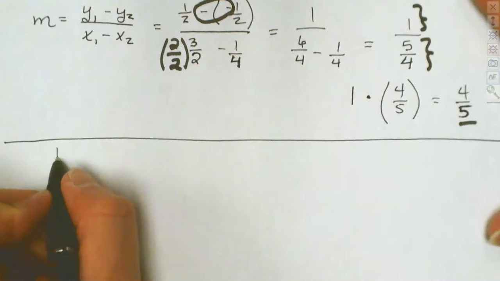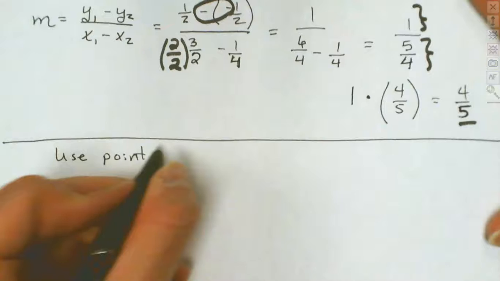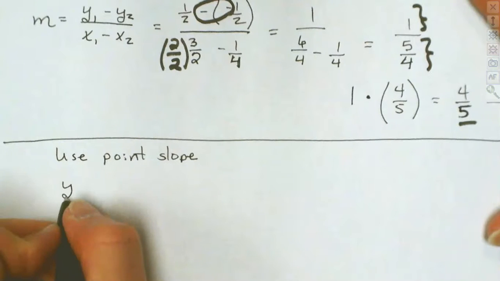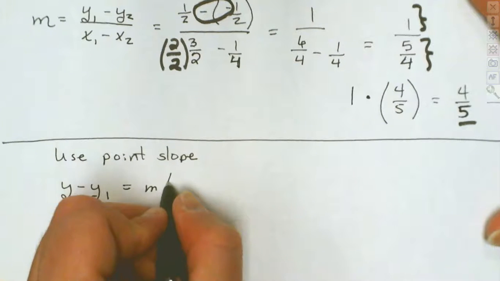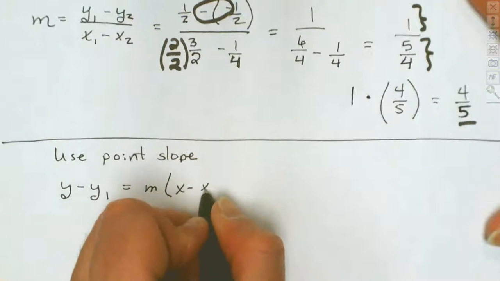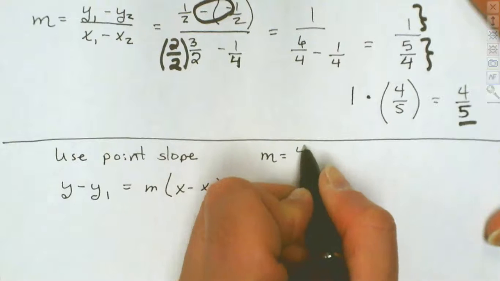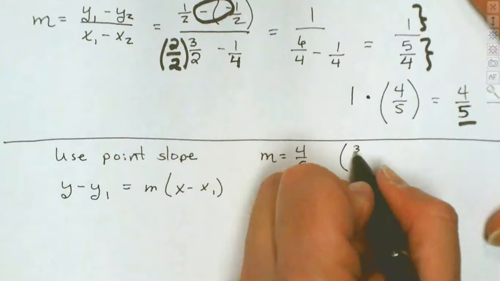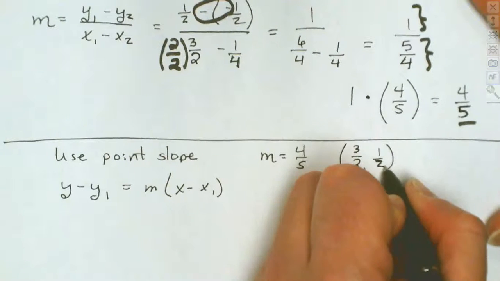And now we're going to use our point slope formula. And that is y minus y1 equals m times x minus x1. And we've got our slope, which is 4/5. And we're going to use that first point, which is 3/2, comma 1/2 here.